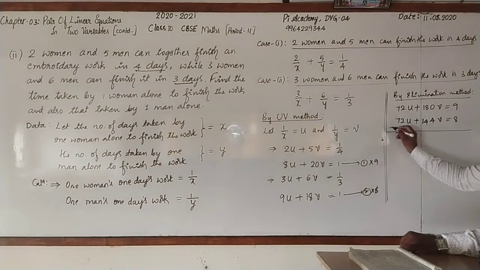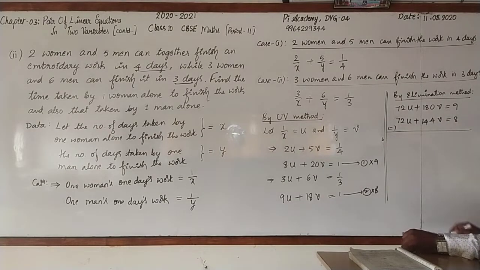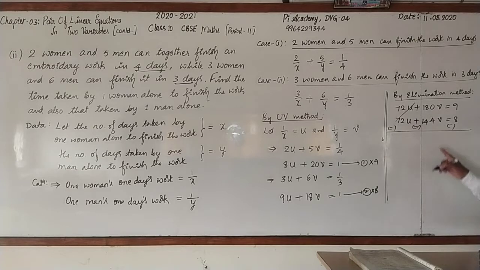Now change the sign. Minus. It cancels. 180V minus 144V. It is 36V. Right? Then 9 minus 8. It is 1. So V is equal to 1 by 36.